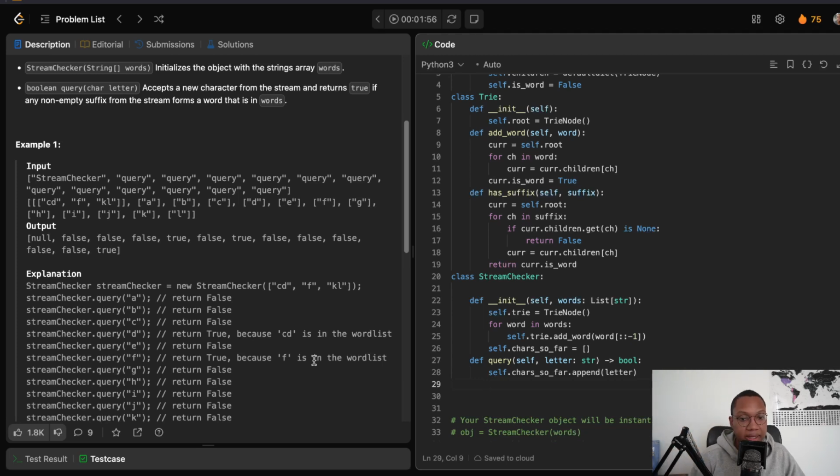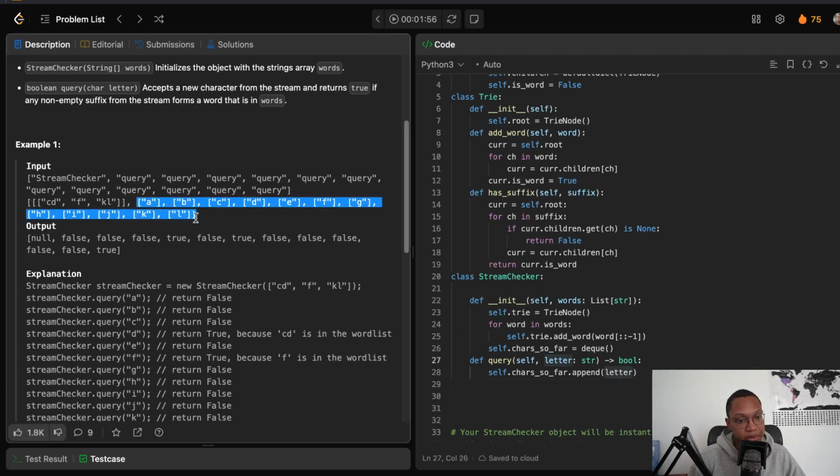I think maybe a deck honestly might be better. I'm kind of weirded out by this. I just want to read from the opposite. Like not here, but read the character backwards.